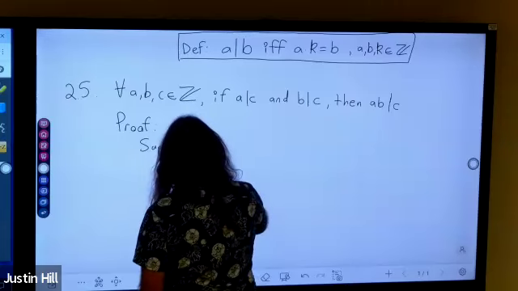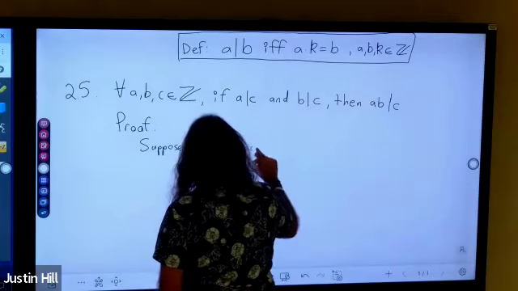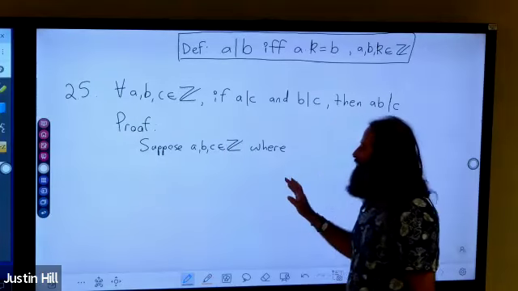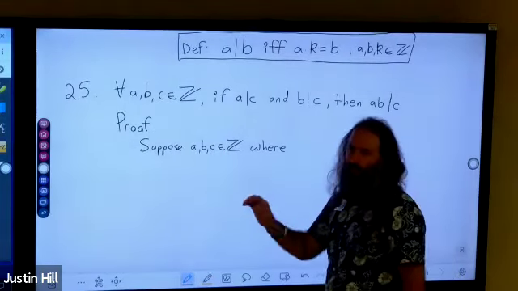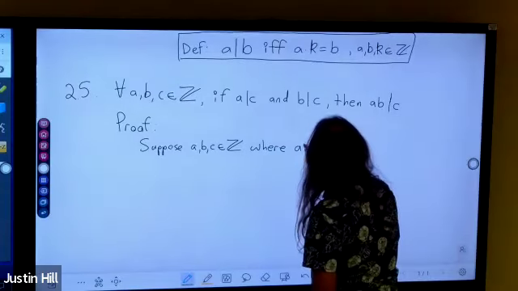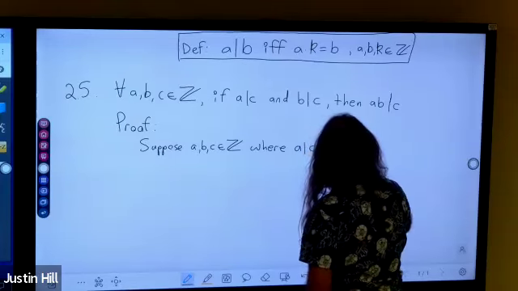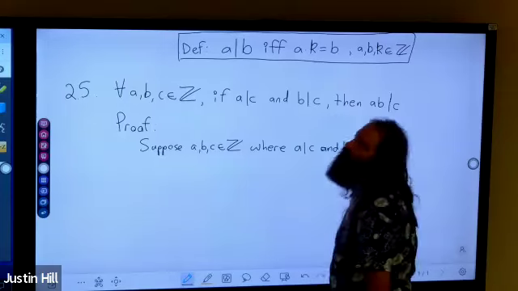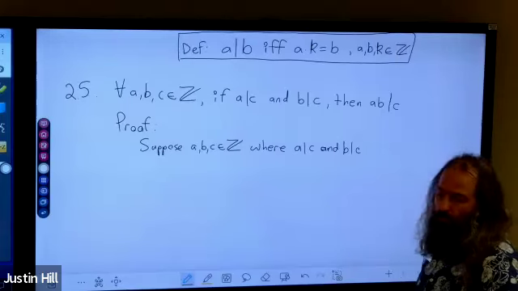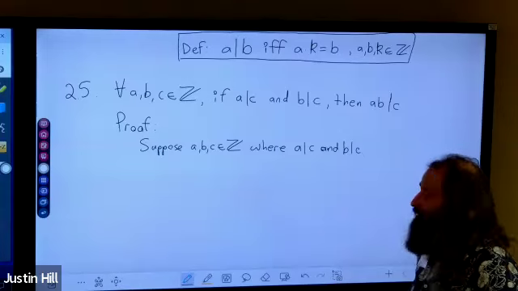I'm not just saying that this other thing is true, I'm saying that I'm choosing integers that satisfy this other condition, where A divides C and B divides C. Good, so we always start out with our suppose. What would be the next stage in this proof?